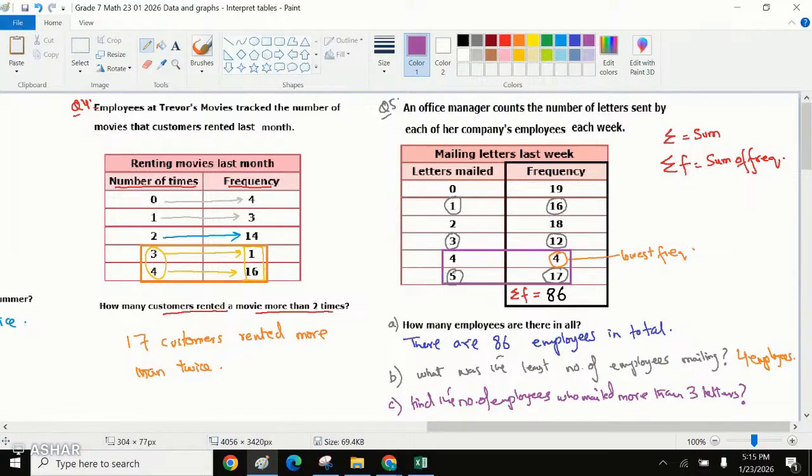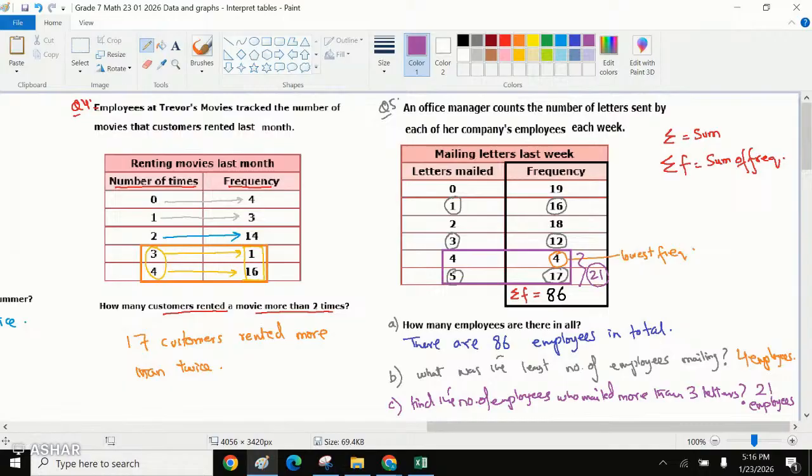Because they were maximum 5, right? So 4 plus 17 would be, what is 4 plus 17? That would be 21, right? That means 21 employees. Okay, so we can create multiple questions out of a given question. I was just showing you the samples, but usually what they're asking us is one question to be answered from a given data set.